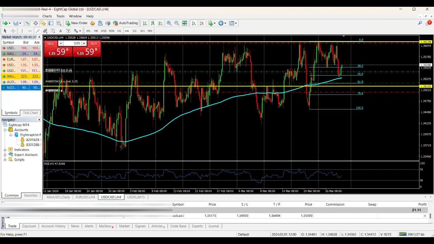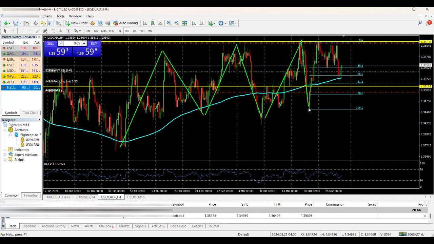It gives us structure, higher lows, up again, and so on and so on. So it is very easy to trade like this, guys, if you just follow market structure, which is a great indication of an uptrend.